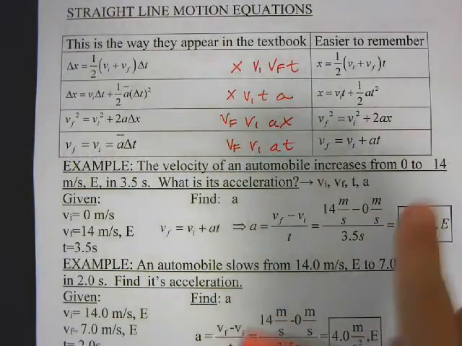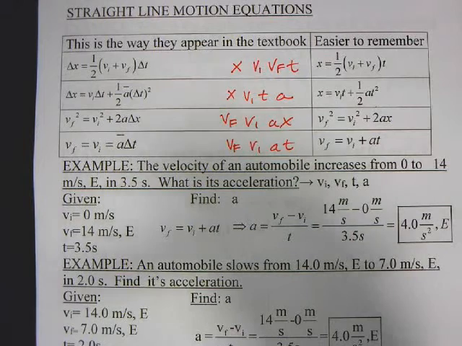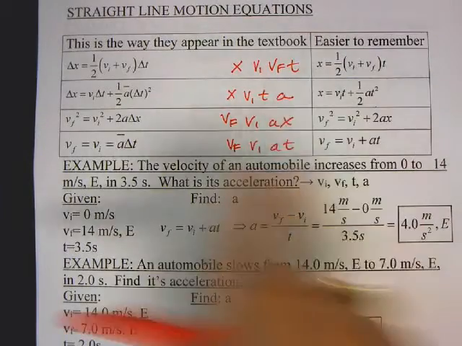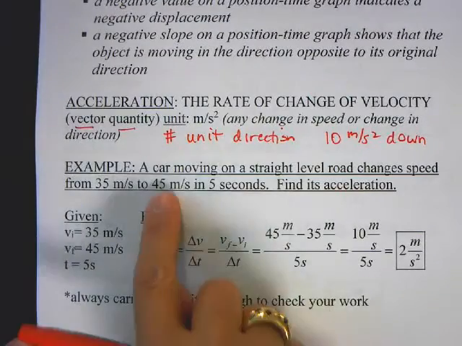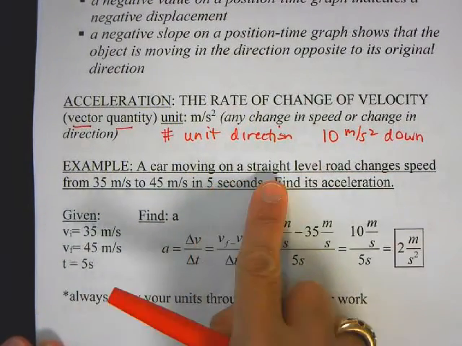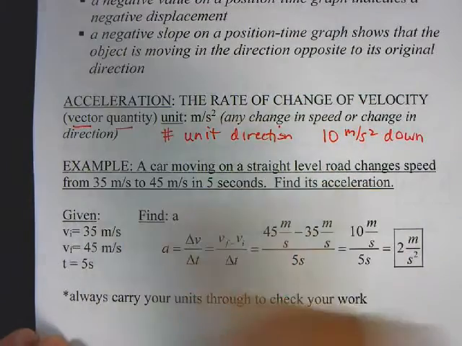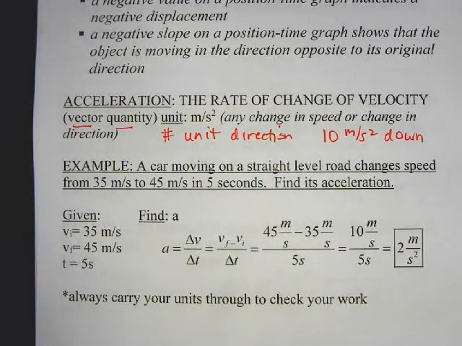Find the acceleration. So then I'm going to say, what are my 4 variables? I have vi, I have vf, and I want a. So the basic equation is vf is equal to vi plus at, but since I want to solve for a, I'm going to rearrange the equation to solve for the unknown in terms of the known.